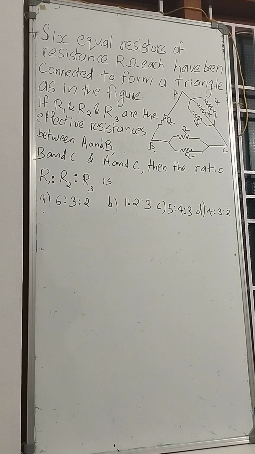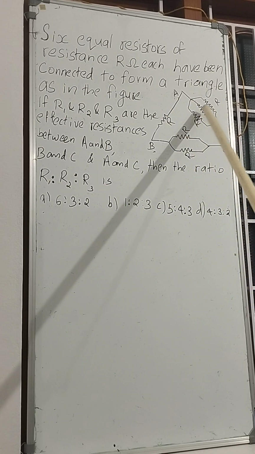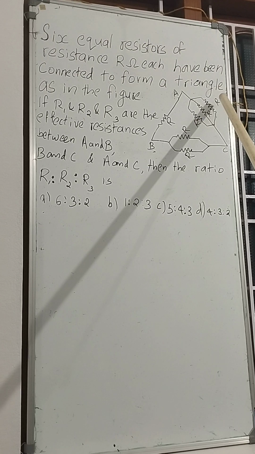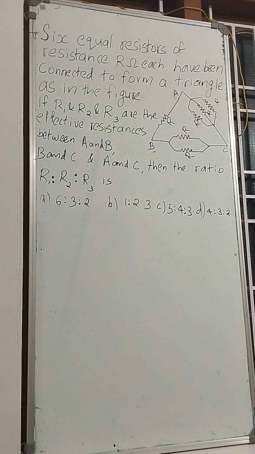So here a triangular network is formed by using 6 resistors, 1, 2, 3, 4, 5, 6, all having equal resistances R ohm each.